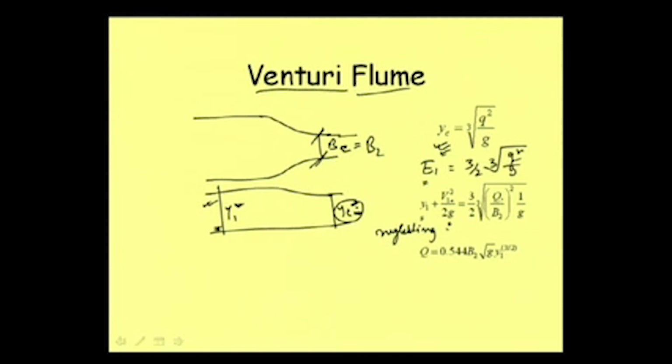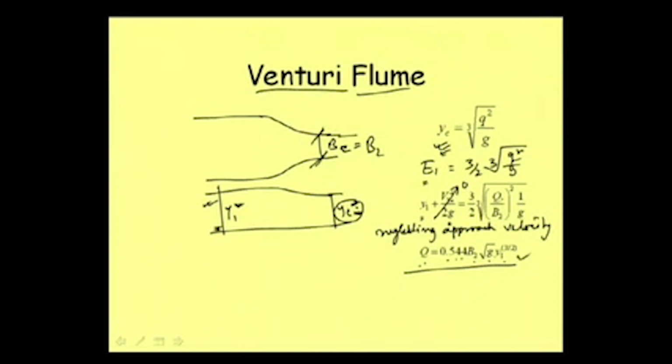So, neglecting approach velocity, this term will become 0, and then by just rewriting this expression we can have a form that q is equal to 0.544 b2 root g y1 to the power 3 by 2.